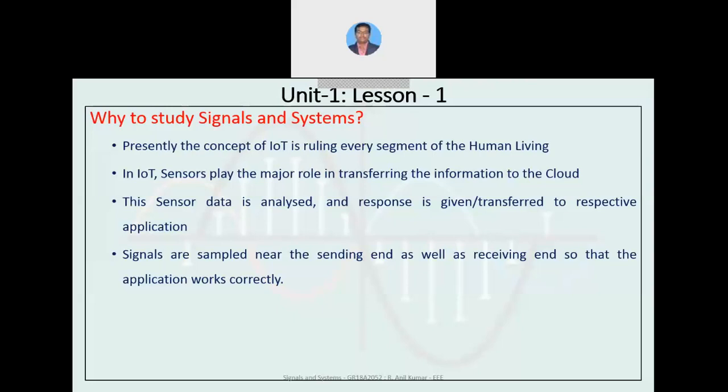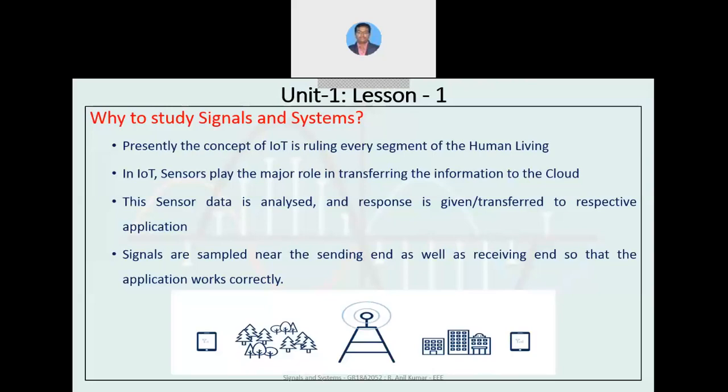So the signals must be analyzed so that, without any noise, the response can be stored or fetched to the other end of an application to control any application oriented device. Here we can see some animations of a signal tower, where we see the signal strength in our mobile phones.